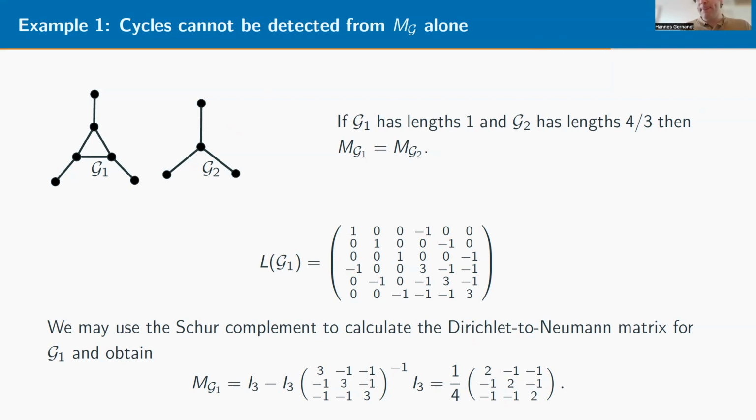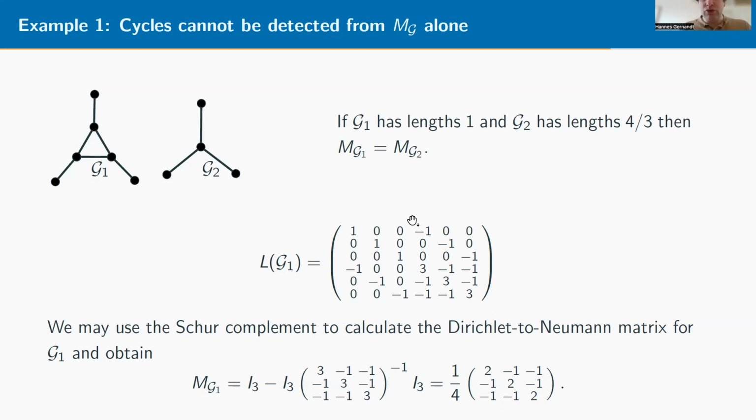That means if we consider two graphs here, G1, which contains a cycle, and the other one just a star graph, and you choose the weights or the length of the edges in a certain way, namely here I choose 1 for all, and in G2 I choose it slightly larger, one can show that the Dirichlet-Neumann maps coincide for these two graphs.